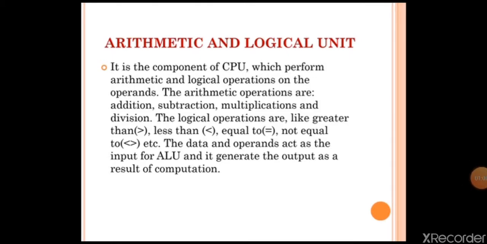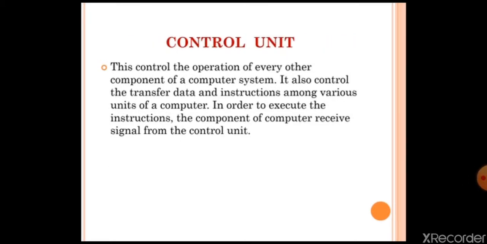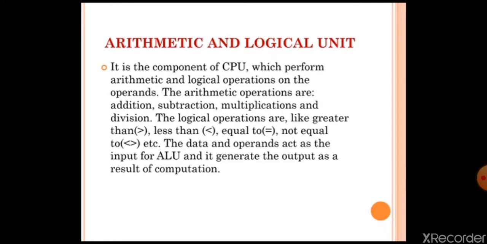Now, the second component of the CPU is the arithmetic and logical unit. It is a component of the CPU which performs arithmetic and logical operations on the operands. The arithmetic operations are addition, subtraction, multiplication and division.